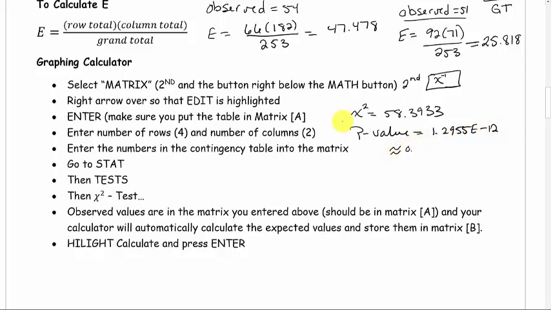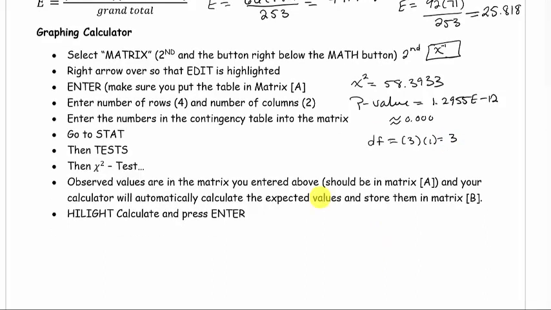So this p-value is essentially 0. The degrees of freedom is your rows minus 1, so that's 3, and then the columns minus 1, which is 1. So 3 times 1 gives us 3 for our degrees of freedom.